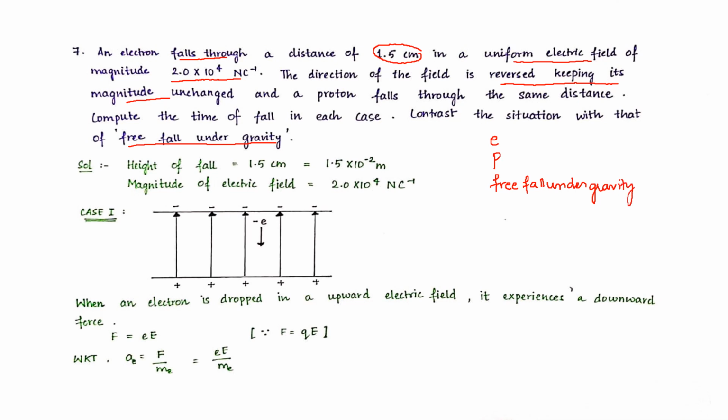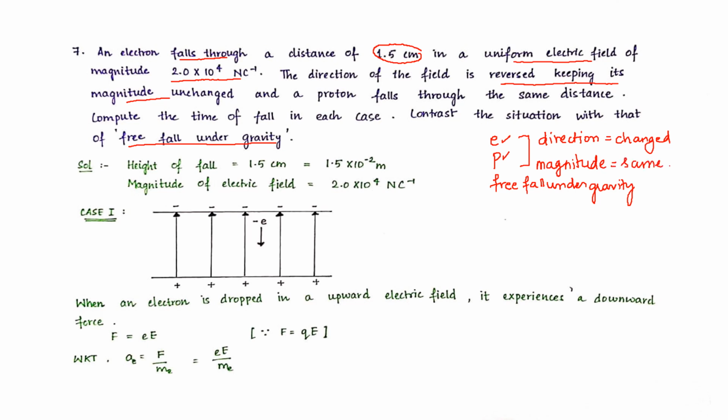When we are considering the case of an electron or a proton, we are changing the direction of the electric field but not the magnitude. Direction changed, magnitude same.